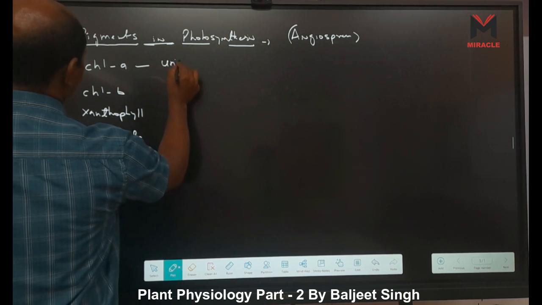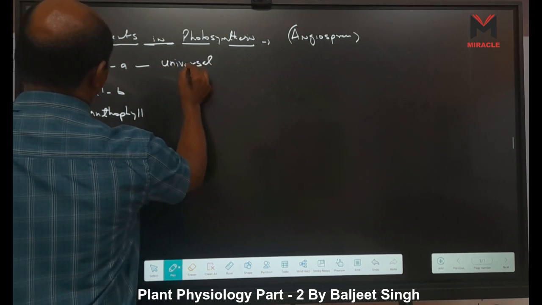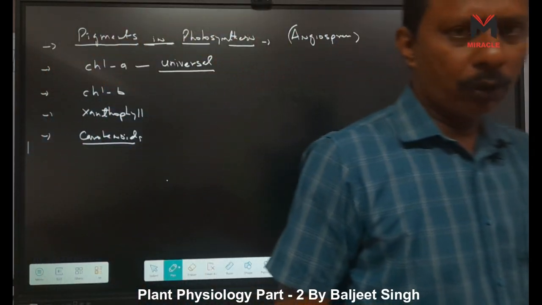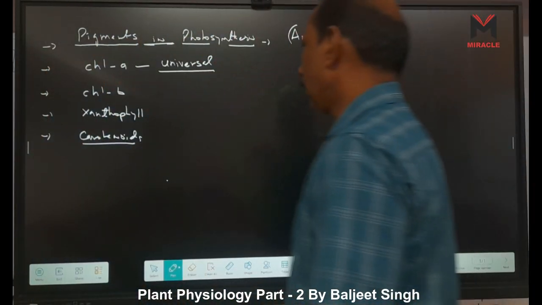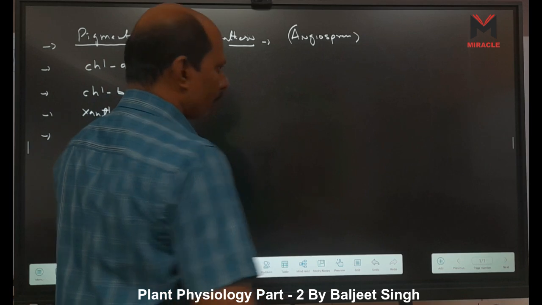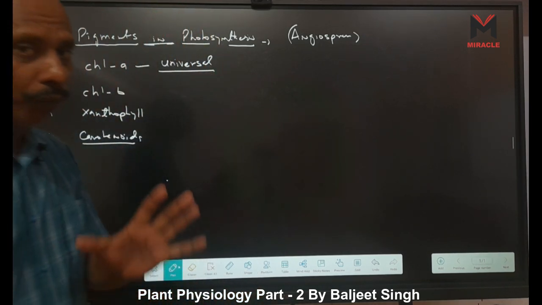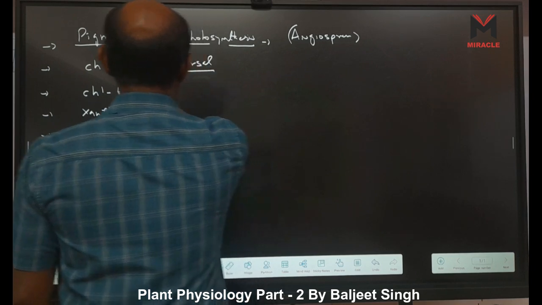Chlorophyll A is called universal chlorophyll because it is present in all the autotrophs. Even in cyanobacteria it is present, right? It is universal, and chlorophyll A is also responsible for cyclic phosphorylation.